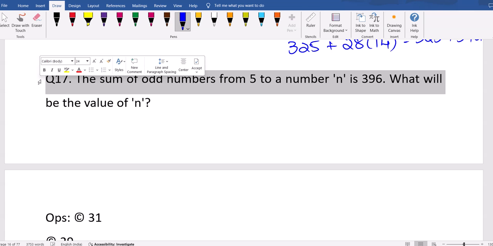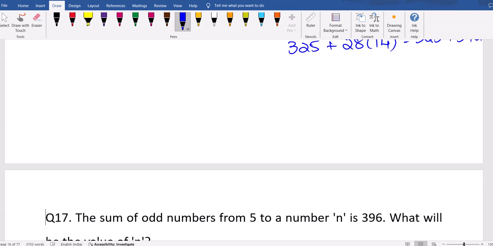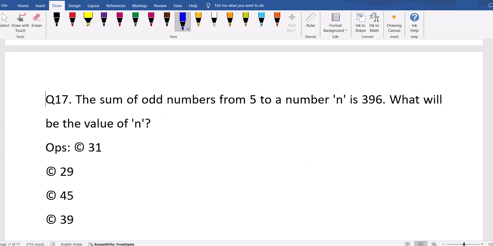Now again AP related indirectly. The sum of odd numbers from 5 to a number n is 396, and n is an odd number. They have given the result as 396 already. So the first number is 5. Odd numbers means we get 7, 9, so on up to n.